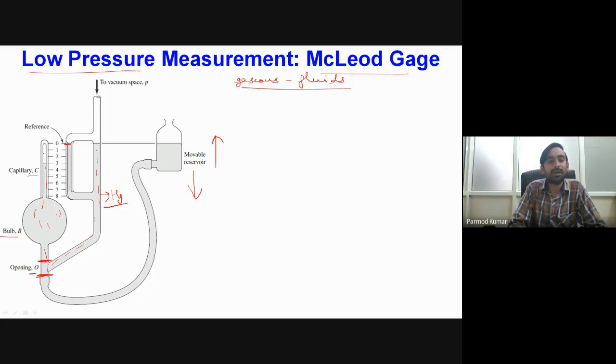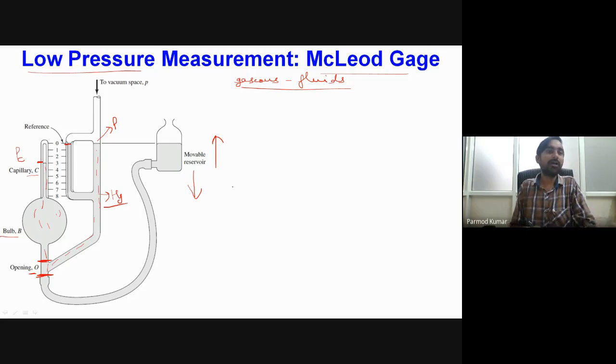Here our pressure is P, and in this portion the volume of the gas has been compressed. So the pressure in this region will be different from the pressure at this point. Let us consider the pressure in this portion of the capillary to be Pc.